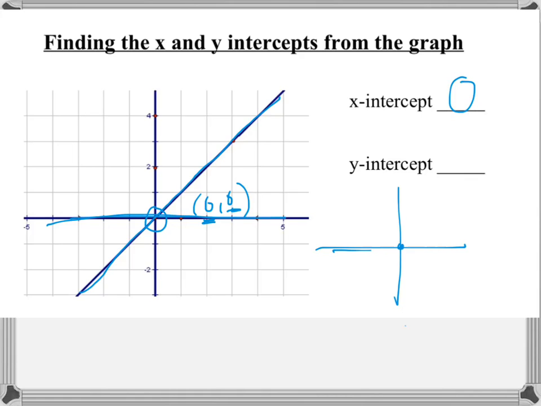Well, you know automatically that the y-intercept is also going to be 0, because if the x-coordinate is 0, that point is going through the origin. In other words, if the x-intercept is 0, the y-intercept is 0. Likewise, if you know the y-intercept is 0, you know automatically the x-intercept is 0 because it must go through the origin.